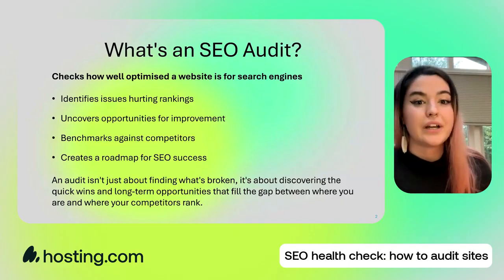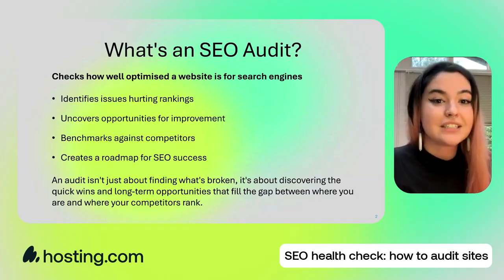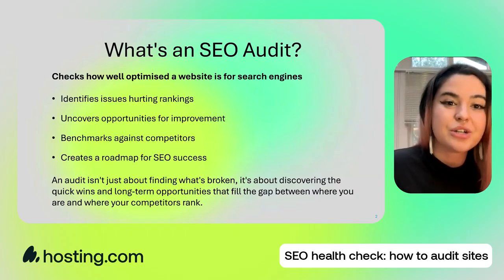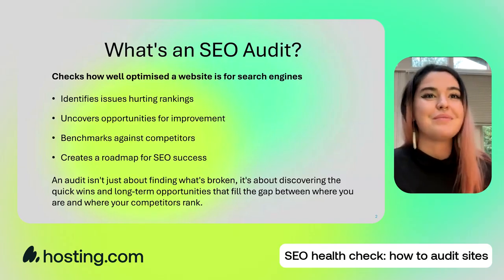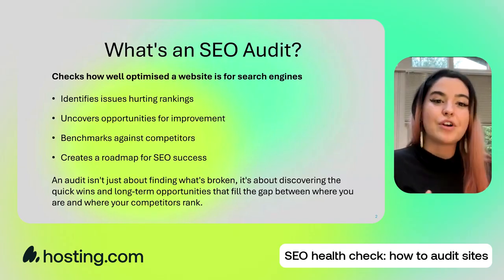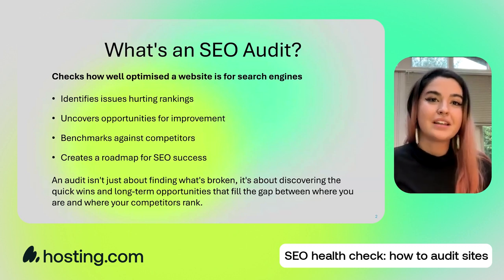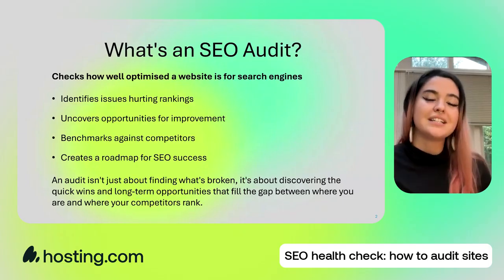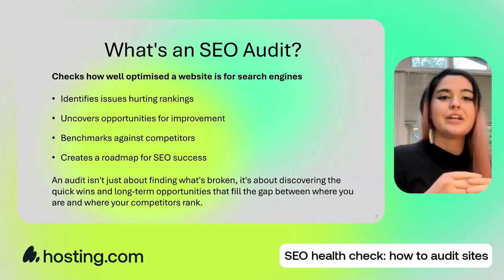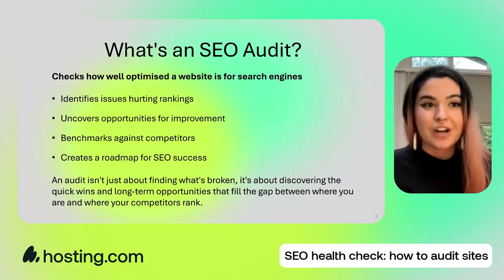So analyzing what competitors are doing, or maybe untapped areas of content that you can dive into to start to grow new audiences and engage new users on your website. And then create that roadmap. So understanding where we're going to prioritize and why. So it's not about just finding what's broken, but it's about discovering quick wins and long-term opportunities and allowing you to turn this report into a business strategy.